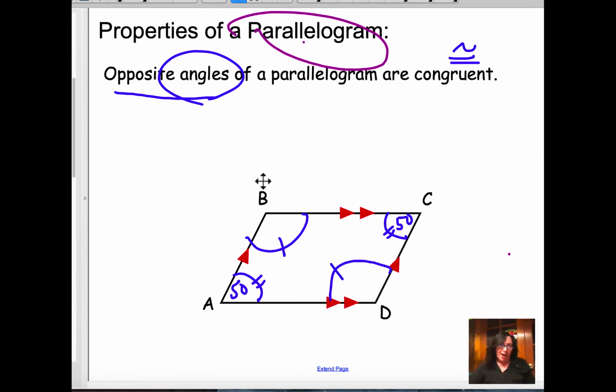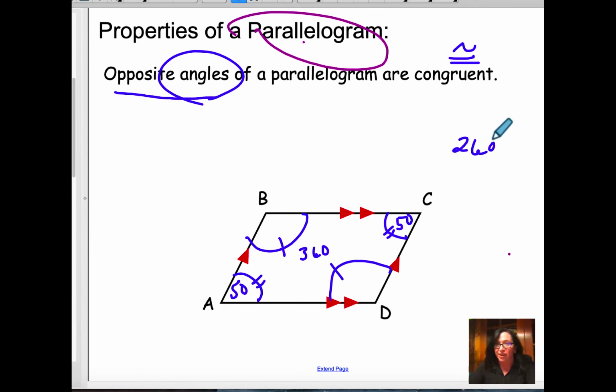Now think about that, right? We know that parallel lines in a quadrilateral, right? When we were adding up the sum of the angles in a triangle, the sum of the angles of a triangle was 180. The sum of the angles in a four-sided shape is 360. So if those are 100, then I have 200, what do I have left, right? 160 left.